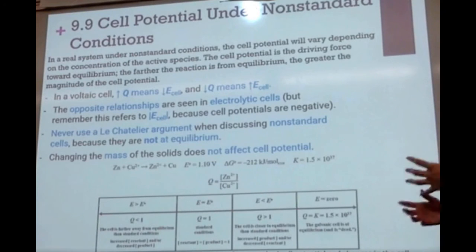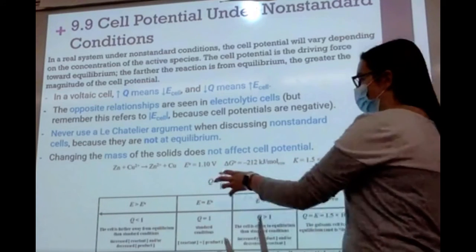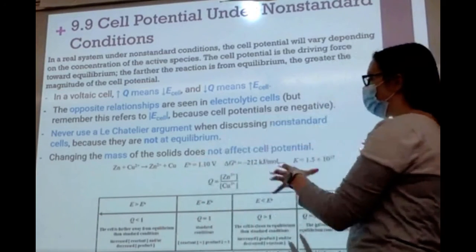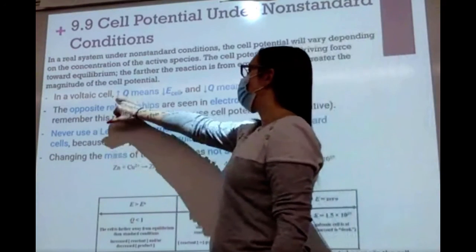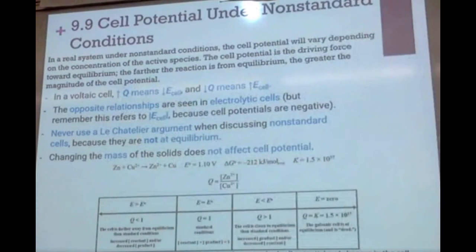When we're thinking about non-standard conditions, we have to look at Q. Products over reactants, do not include solids. When we look at Q, the greater your value of Q, the lower the cell potential.